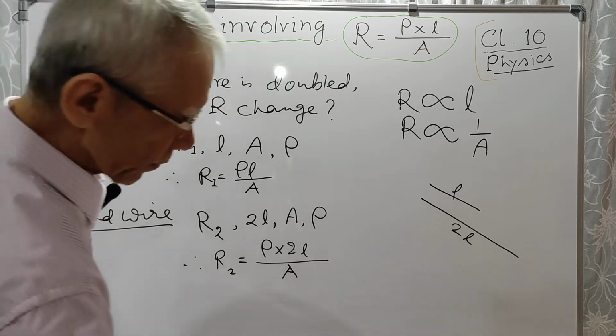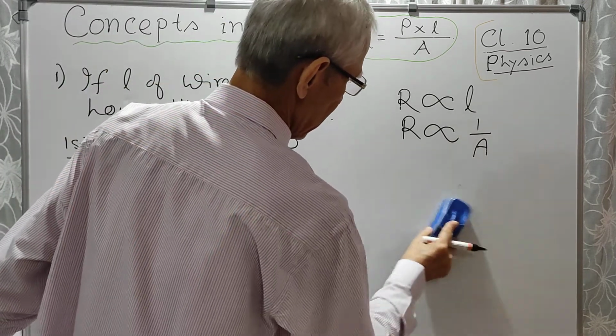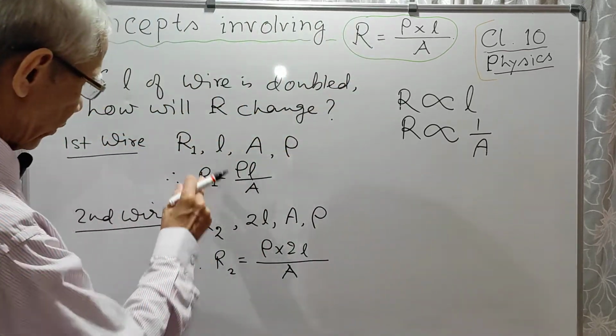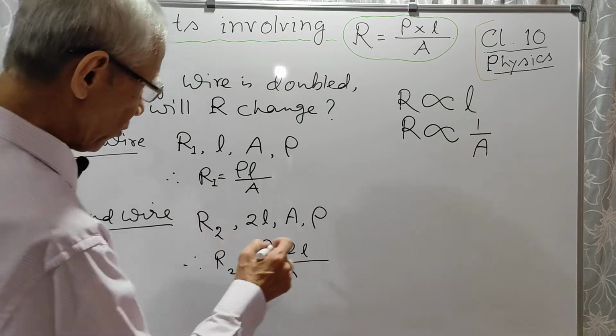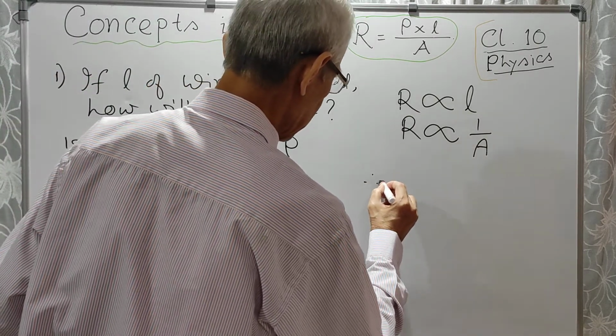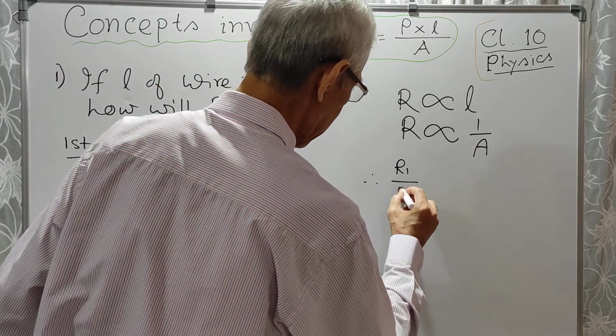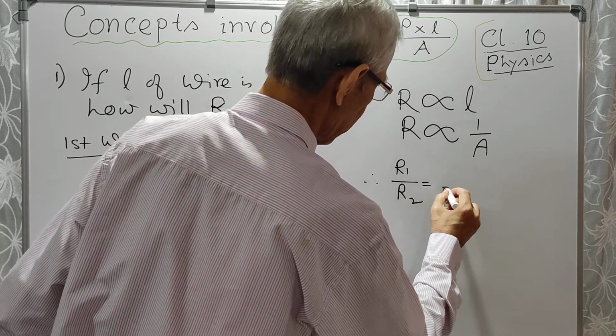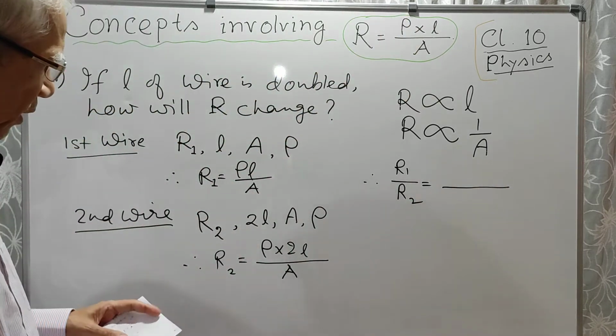Okay, now to find the ratio, to compare R1 by R2. If you divide R1 by R2, what will you get?